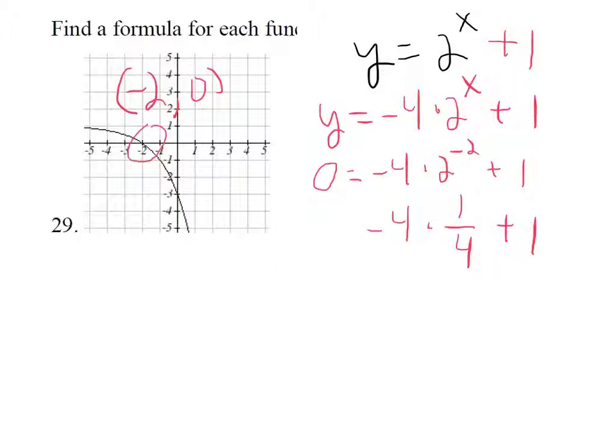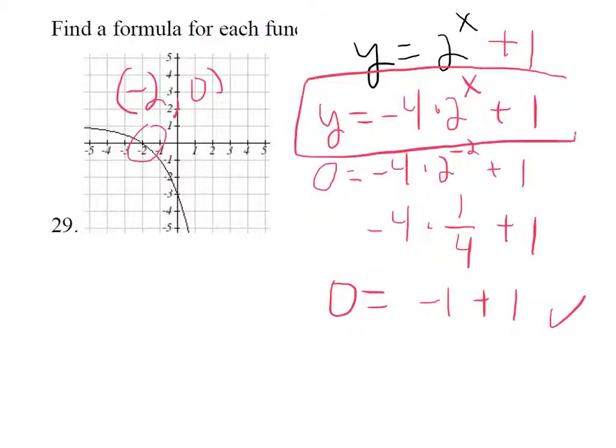Well, 2 to the -2 is the same as 1 over 2 squared, which is 1/4. -4 times 1/4 is -1, plus 1 is indeed 0. So it looks like I've got a function that works for this expression. And all I did was start substituting in points.